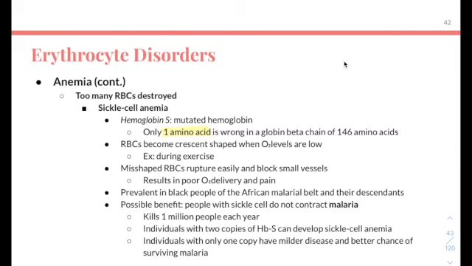This is where the majority of cases have been found. There's one possible benefit. They don't contract malaria. And malaria is pretty common over in Africa. So it actually prevents them from getting malaria. So I mean, it's not good to have sickle cell anemia, but there is one benefit to it. Sickle cell kills about 1 million people a year.